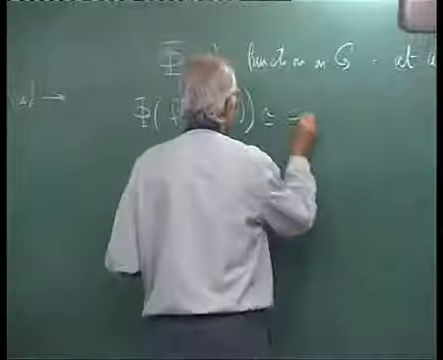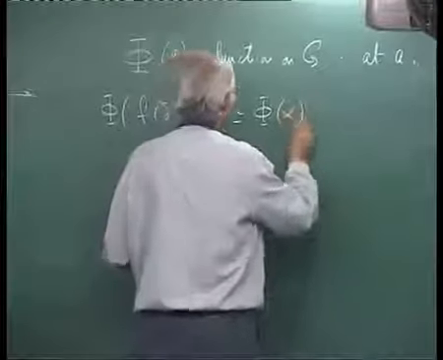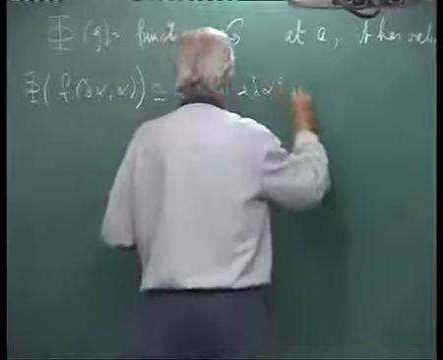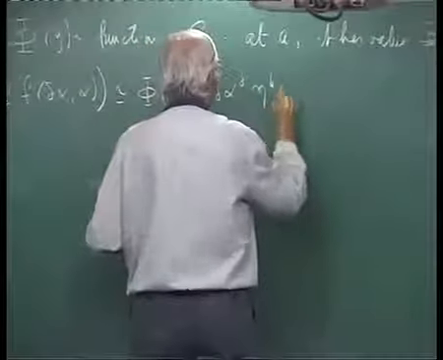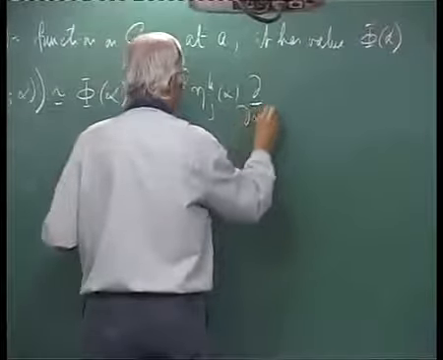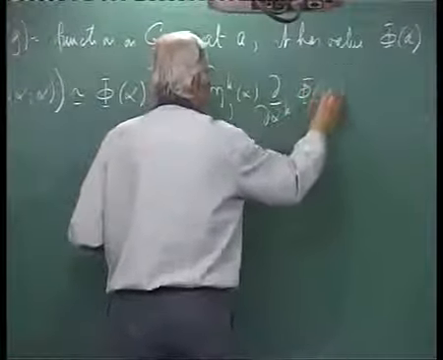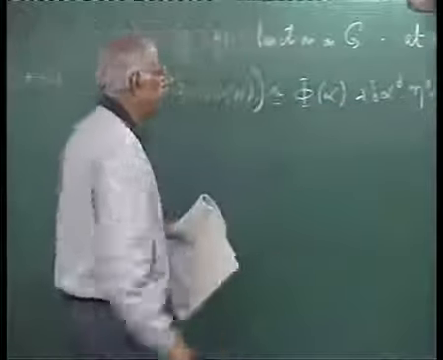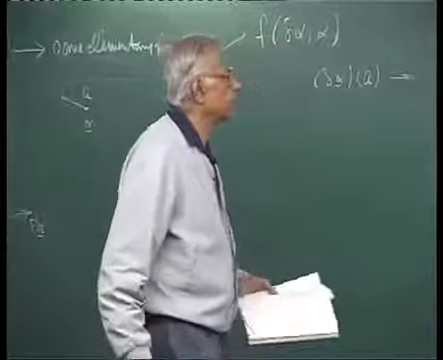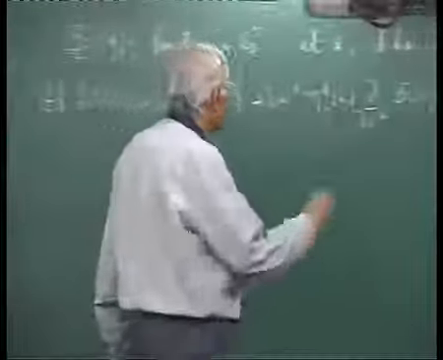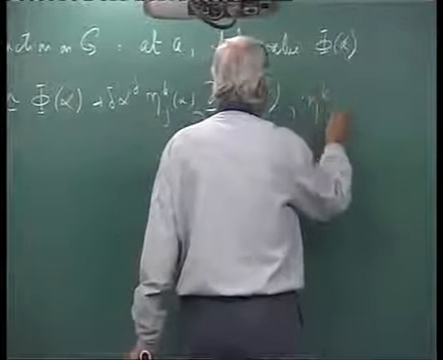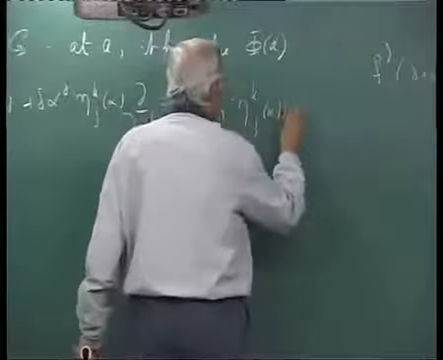So now you can put this together and you will see that to first order in these delta alphas, the change in any function capital phi is given like this. So let me write here what I wrote there.